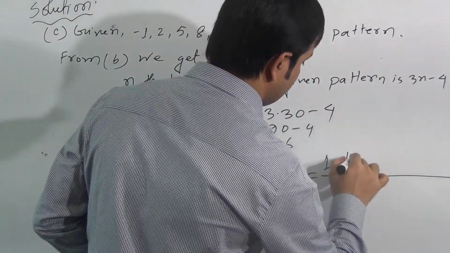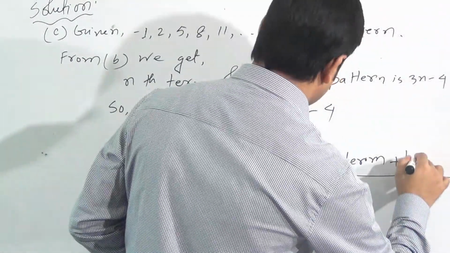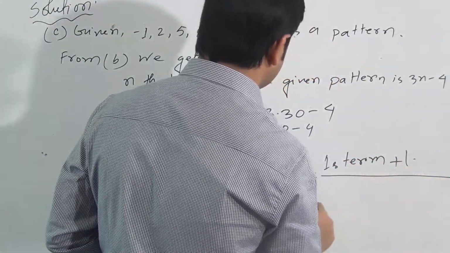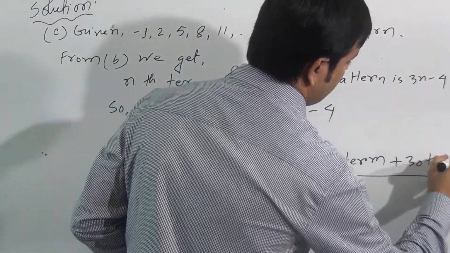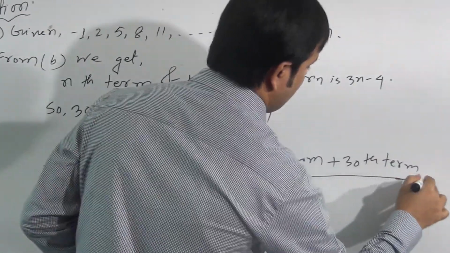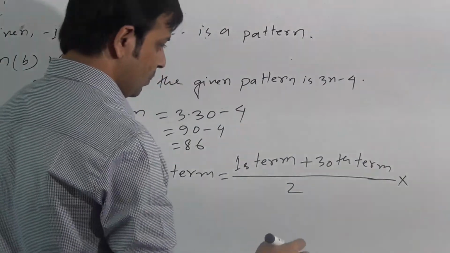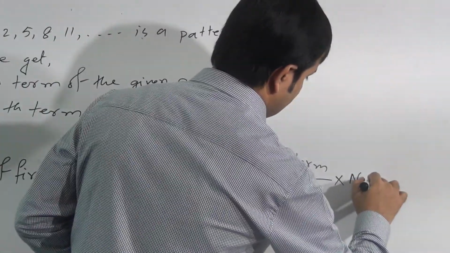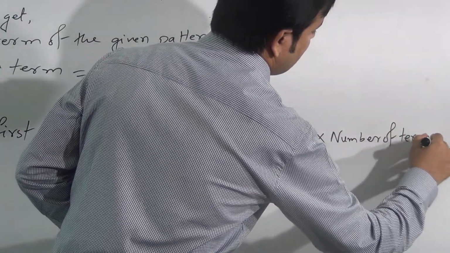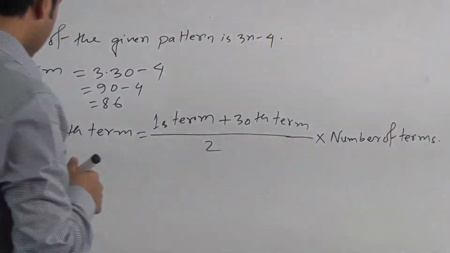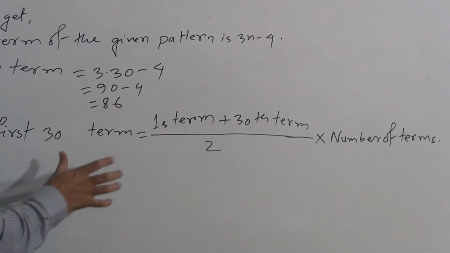first term plus last term, it means the 30th term, divided by 2, multiplied by the number of terms. Sum of the first 30 terms.